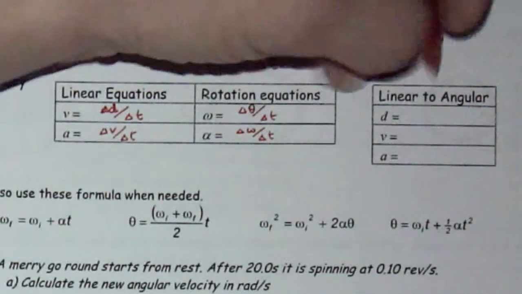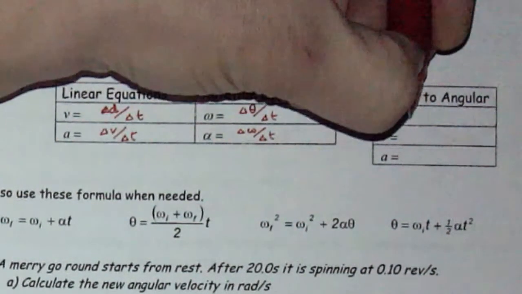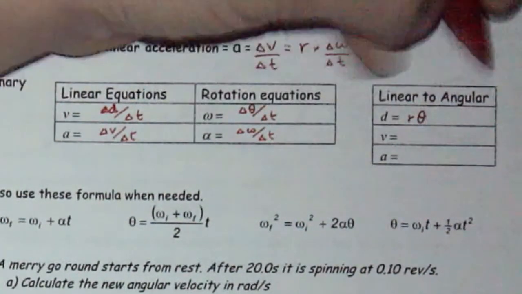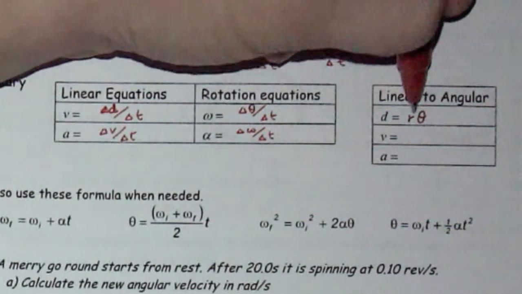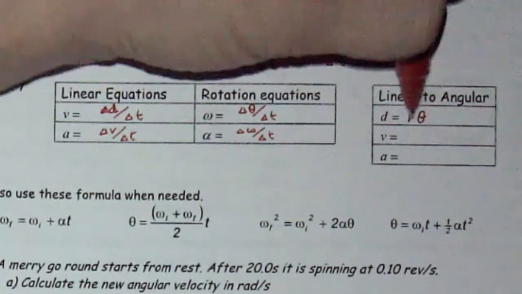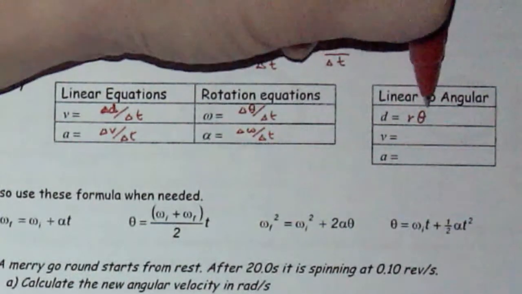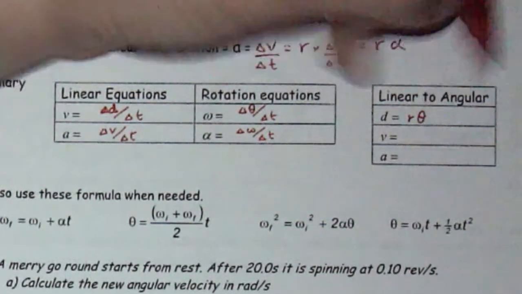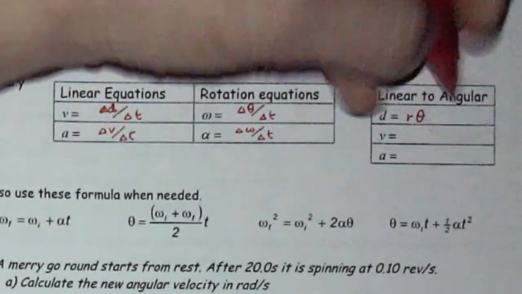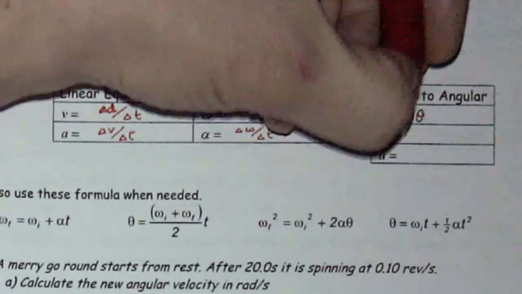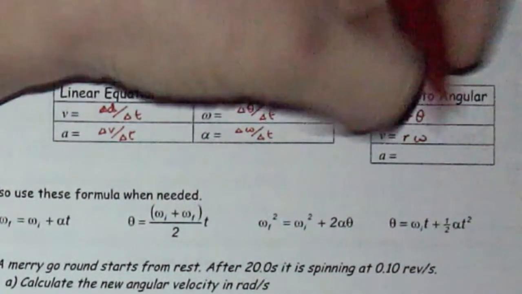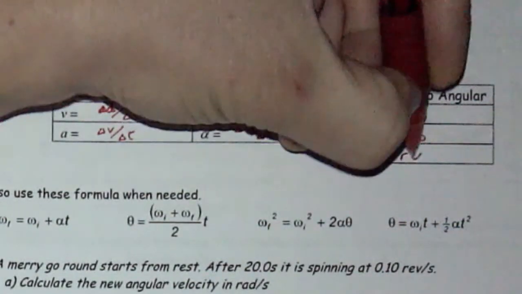If we want to convert, then the distance is equal to r theta, where r is how far the point that we're interested in is away from the center, and theta is the angular displacement of the rigid body. v is r omega and a is r alpha.